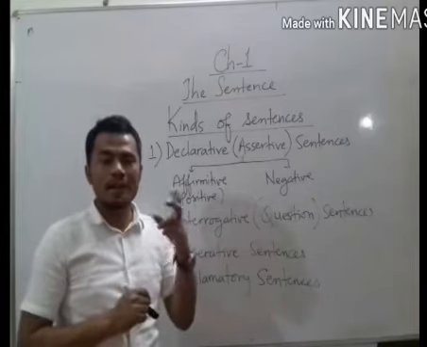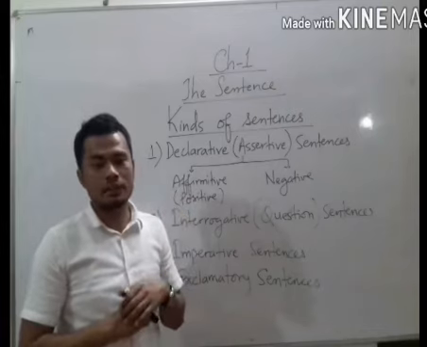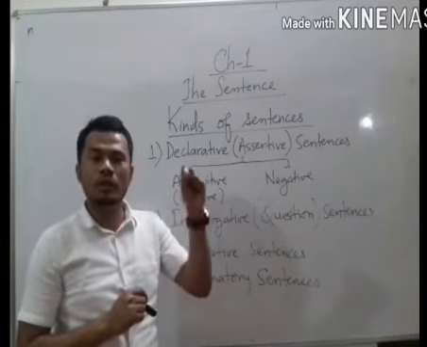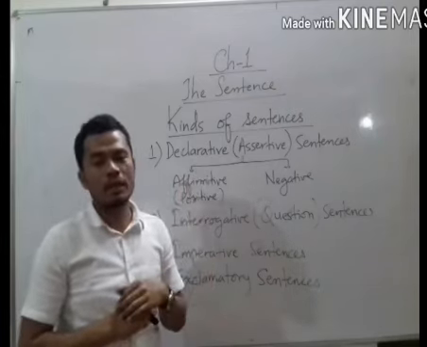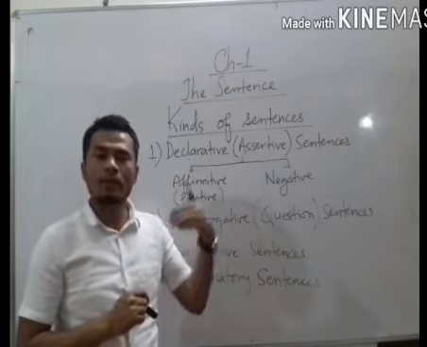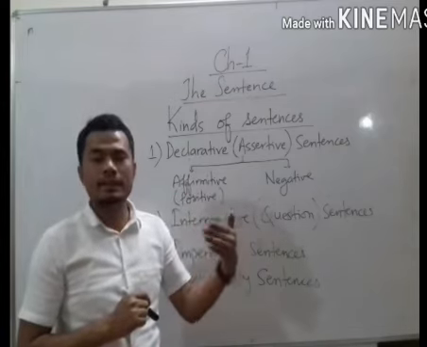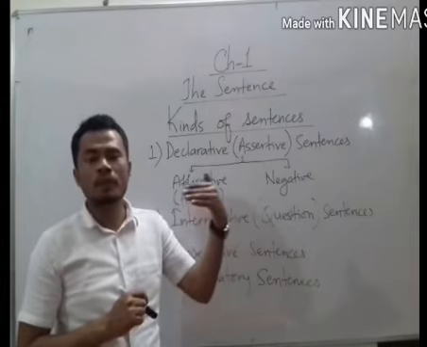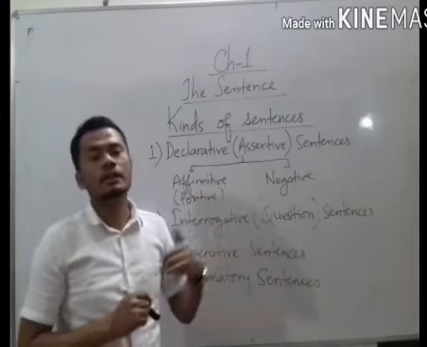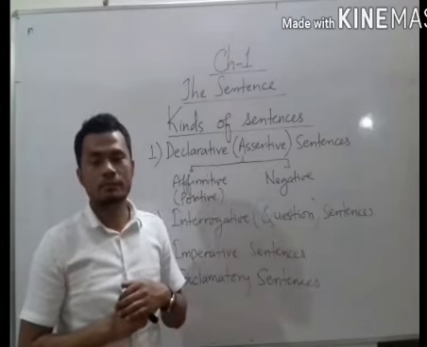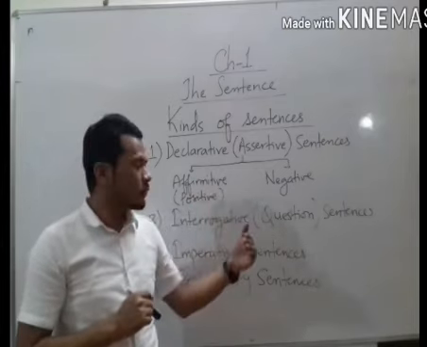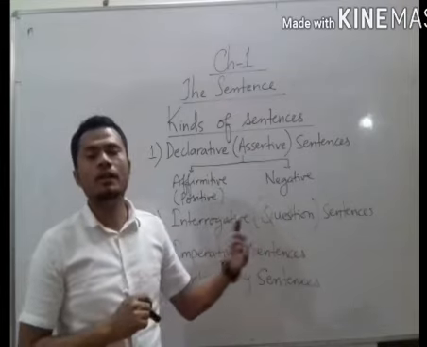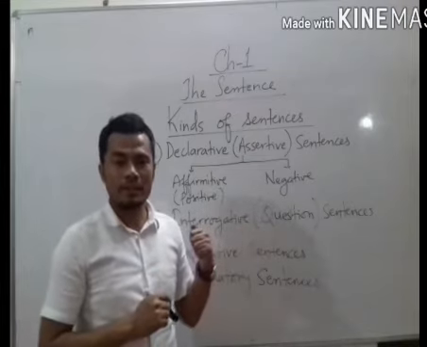Here alas is an interjection, after which I have to use an exclamation mark. And whenever we start writing the sentence again after the exclamation mark, we again have to start with a capital letter. So these were the examples of exclamatory sentences.